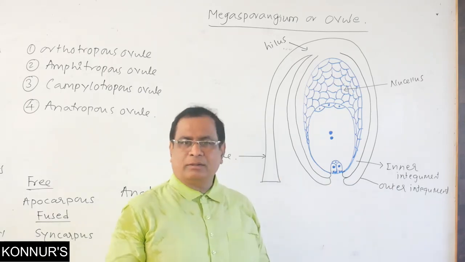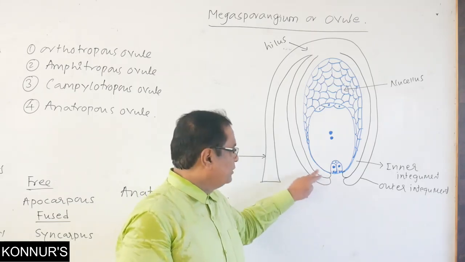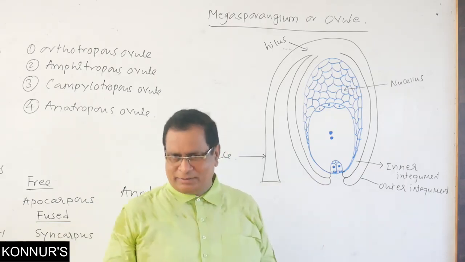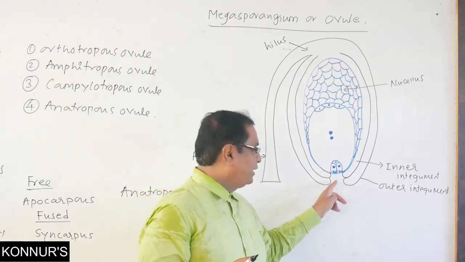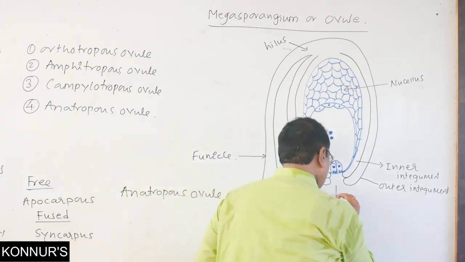At one side, the free end, these integuments are discontinuous. That discontinuous area is named micropyle.